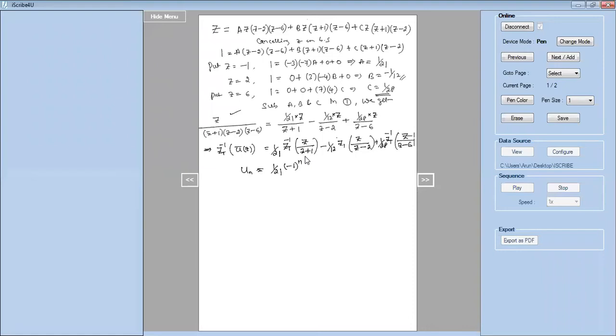Minus 1 by 12 into, this is plus, so you get minus 1 power n. And this is Z by Z minus k, so inverse of Z by Z minus k is k power n. So k means 2, so it is 2 power n. And last term, plus 1 by 28 into inverse of Z by Z minus k. K is 6 here.